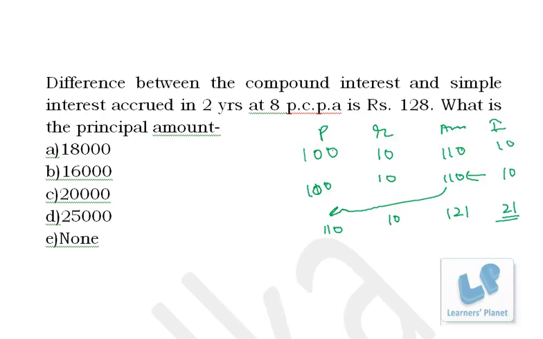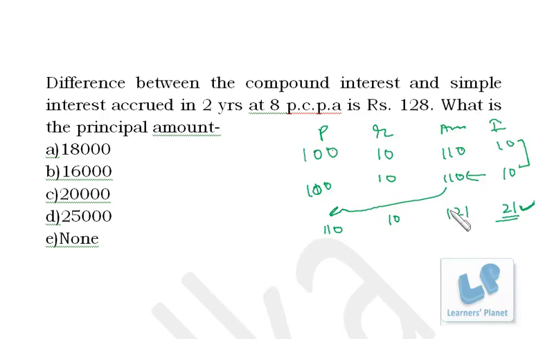So you can see, if we talk about 2 years, if we go by simple interest, the interest for the 2 years will be 20 rupees, and if we go by compound interest for 2 years will be 21 rupees. So the 1 rupee compound interest is more. Okay, so precisely compound interest is nothing but the interest on interest, right?